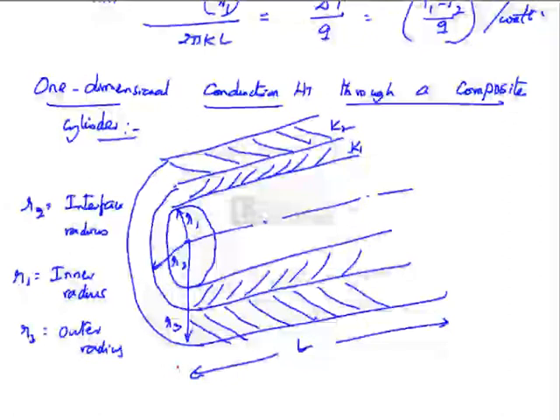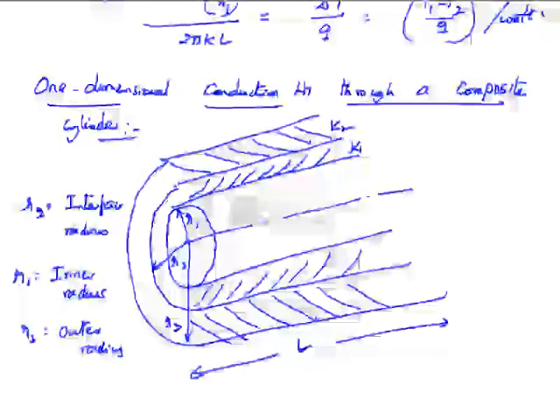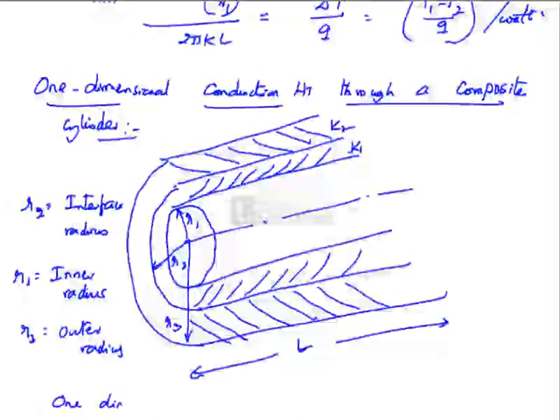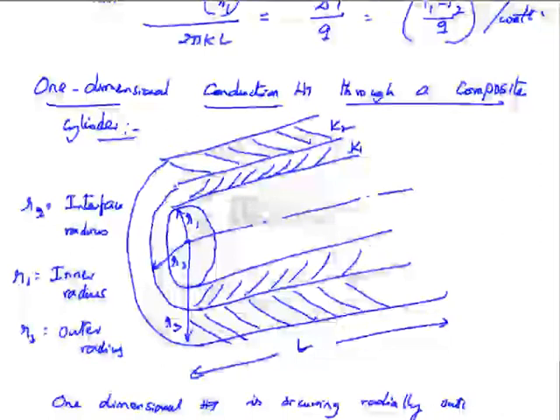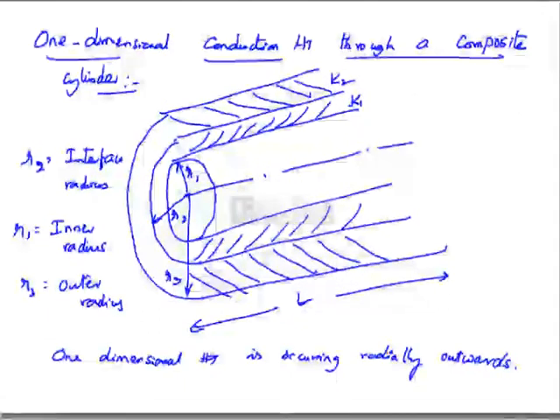Heat transfer is taking place radially outwards. One-dimensional heat transfer is occurring radially outwards.